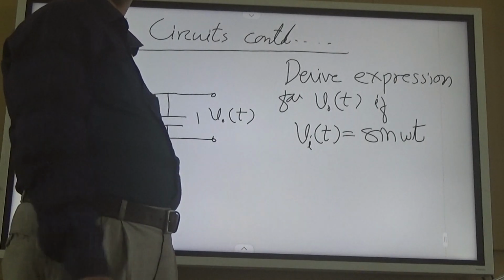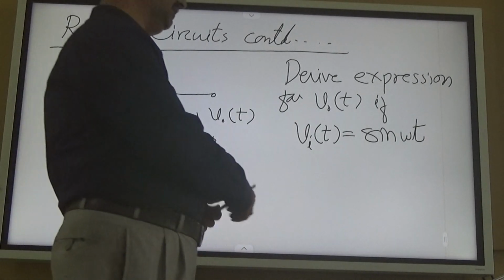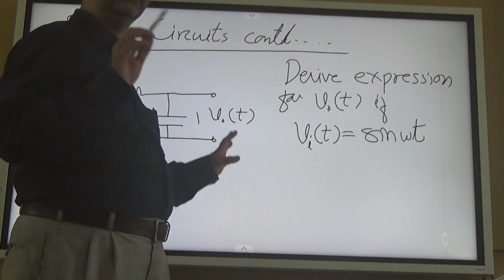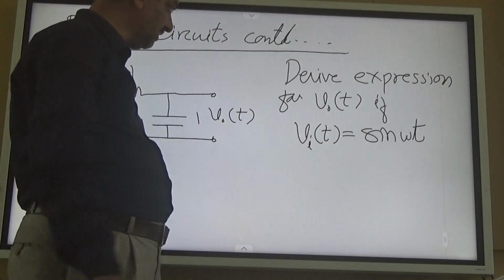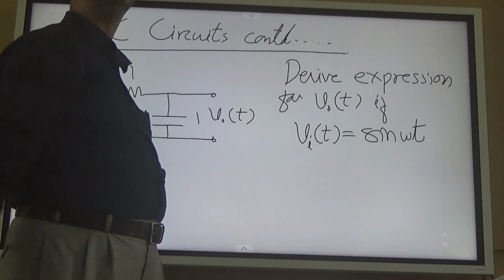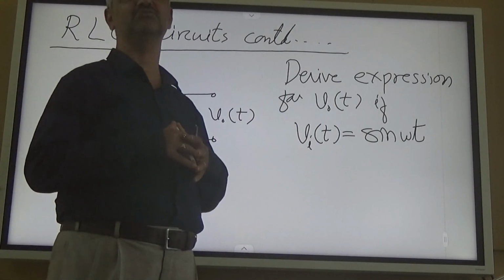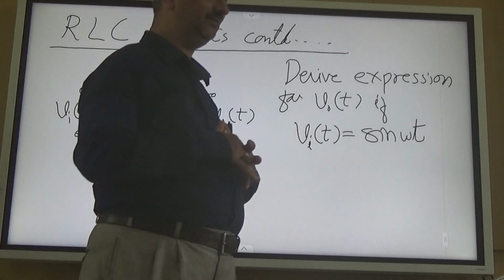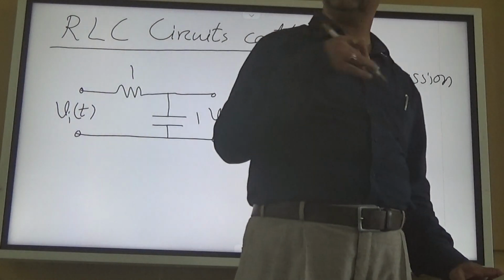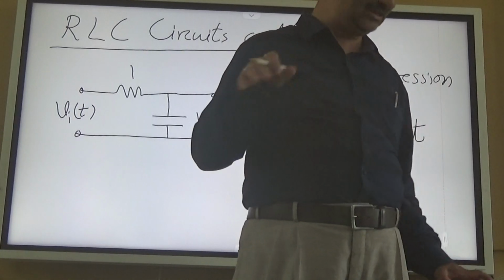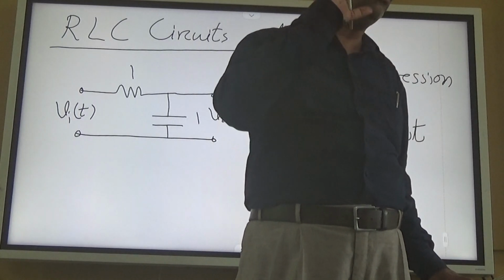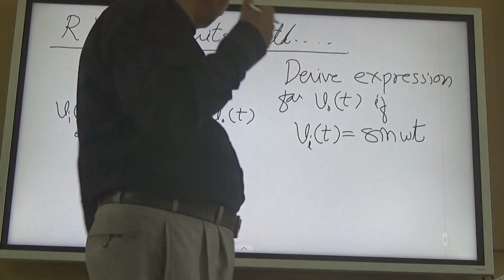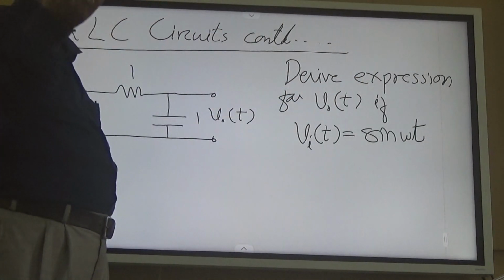Derive the expression for VOT if V in T is equal to sine. Either you can take sine or cos. Is it clear? This is also something which you must have learnt in basic electrical engineering, or even to some extent in 12th, where you might have come across impedance like j omega C. But right now you don't use that as such, or even if you use it, you should be able to justify.